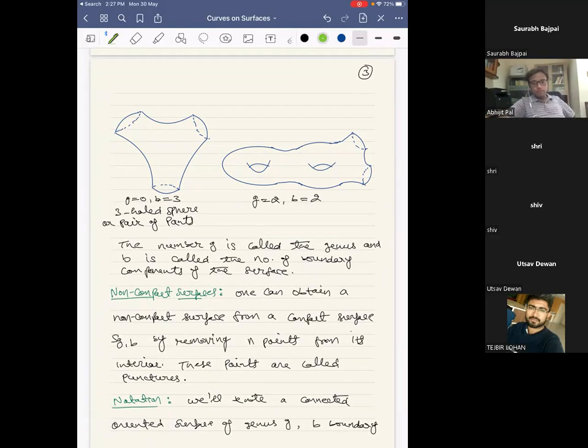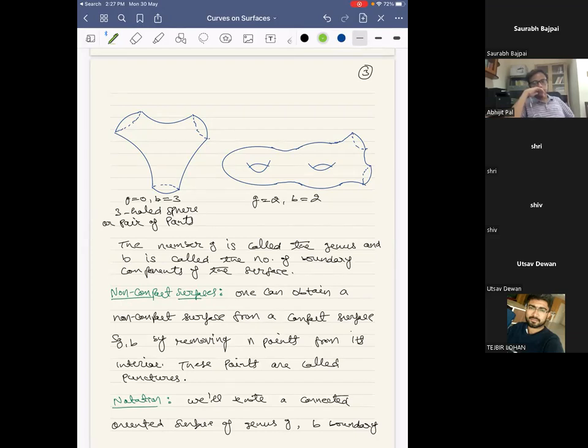Here G is 0 and B equals 3. There is another example here, G equals 2 and B equals 2. In this setting, the number G is called the genus and B is called the number of boundary components of the surface.